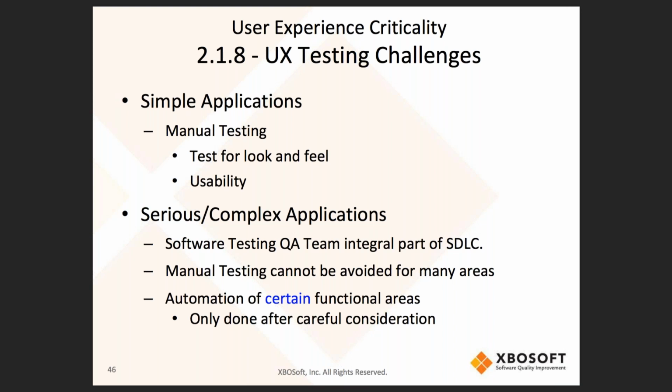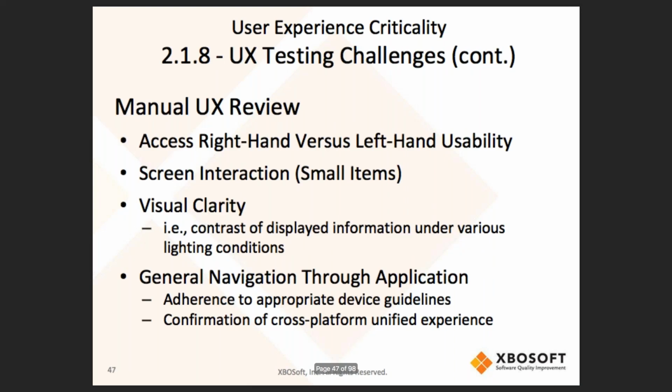So in a manual user experience review, things like right hand versus left hand can be checked. Screen interaction: are there too small items? Visual clarity, like we talked about with regard to contrast, and general navigation through the application. Is it adhering to the guidelines that are set out by Apple and by Google?